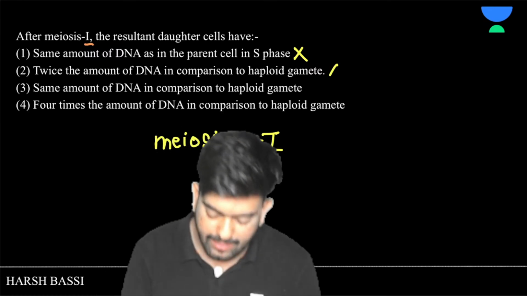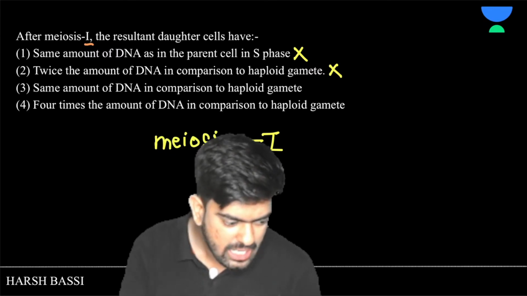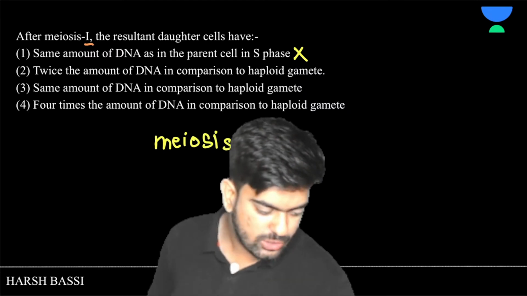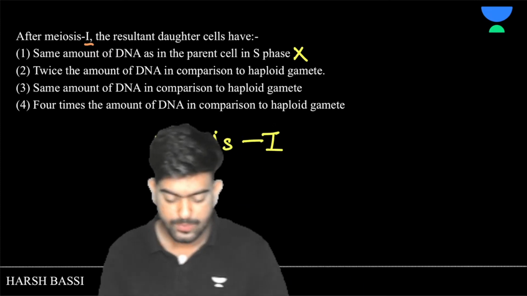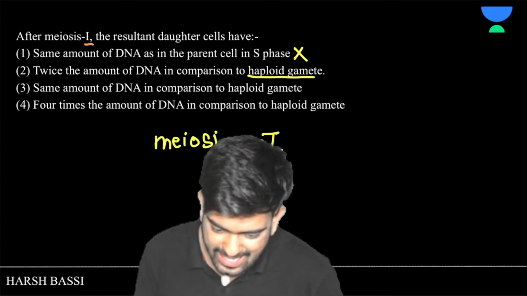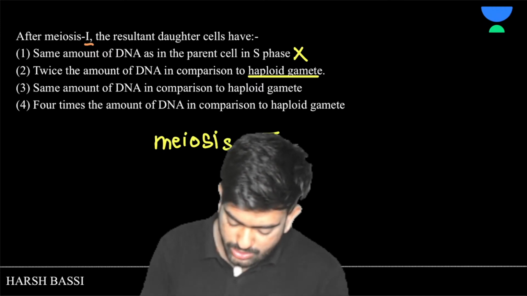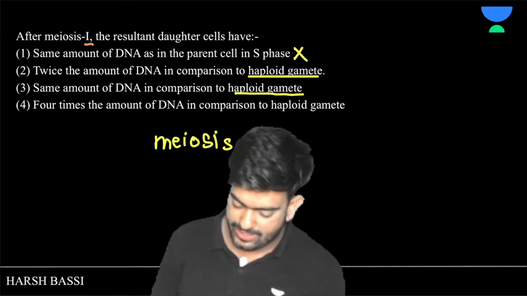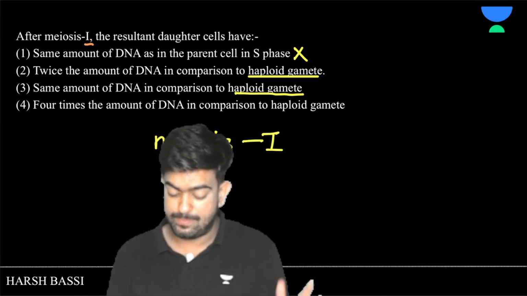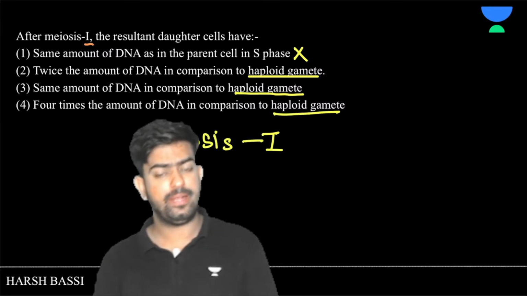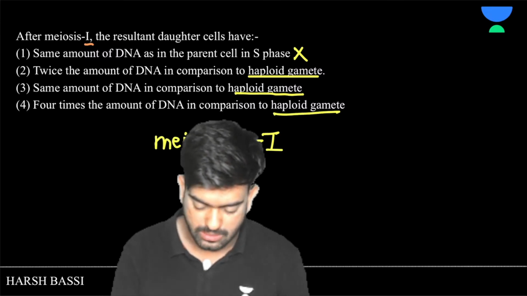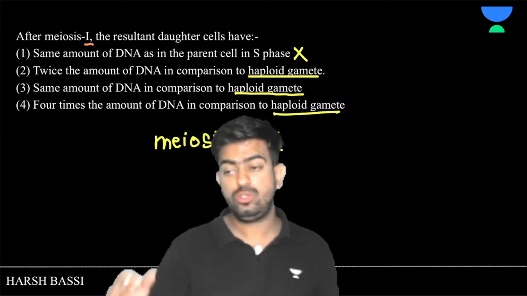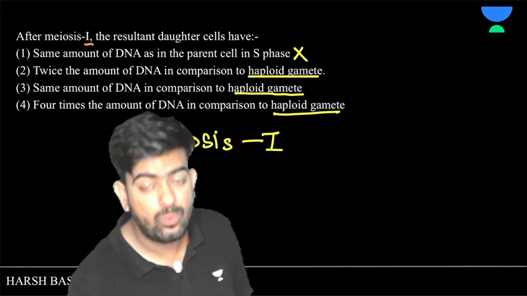Twice the amount of DNA in comparison to the haploid gamete; the second, the same amount of DNA; the third, the same amount in comparison to the haploid gamete; and the fourth, 4 times as compared to the haploid gamete. They are talking about the amount of DNA.